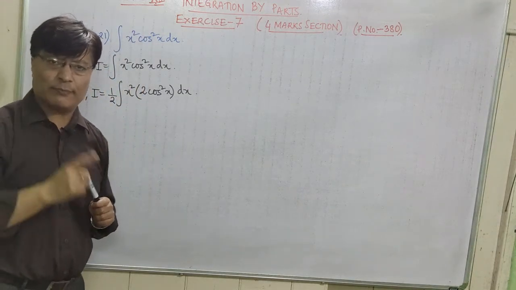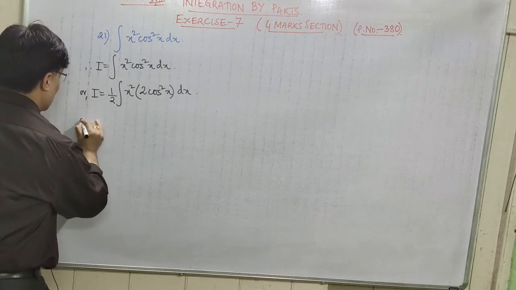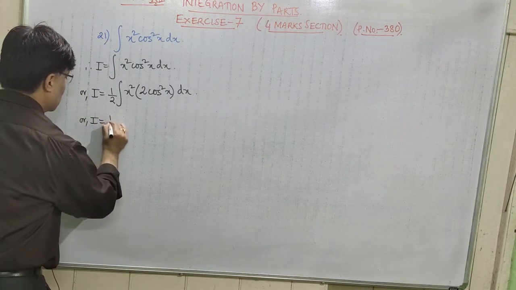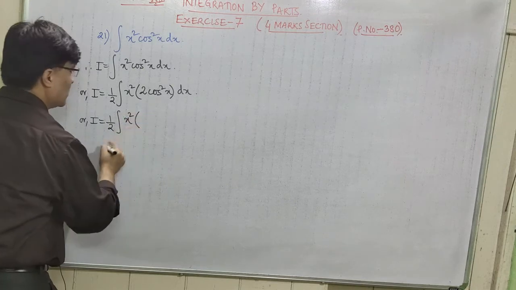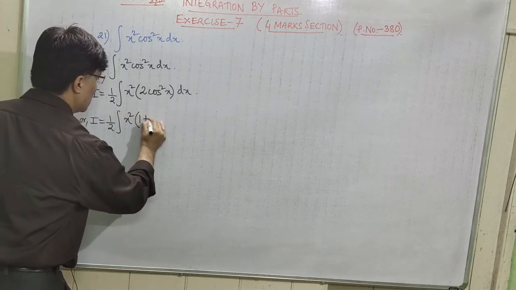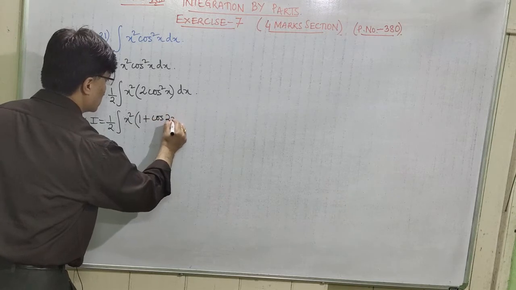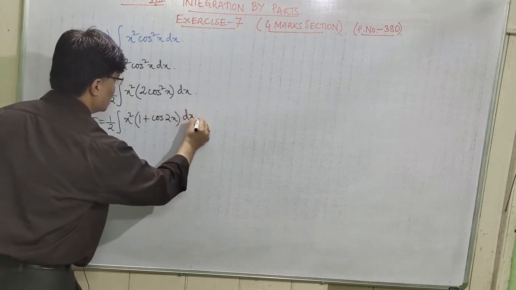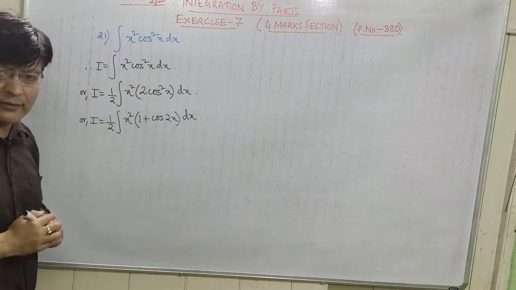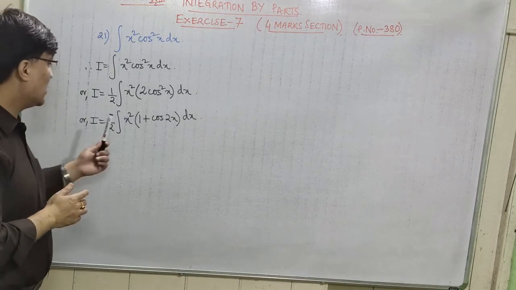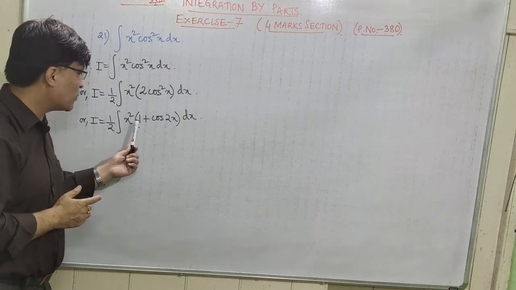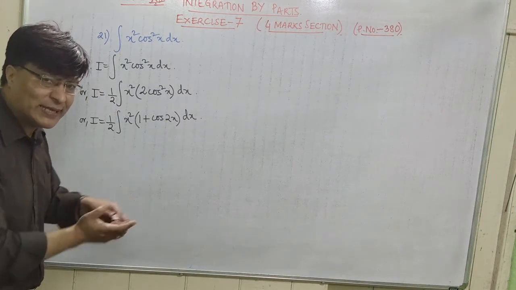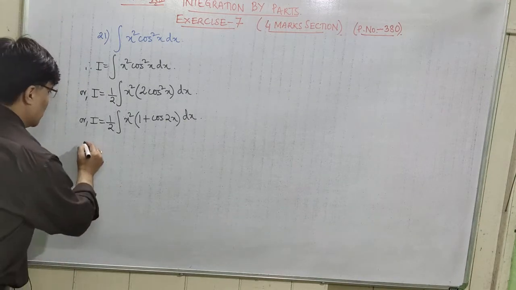You know that it is 1 plus cos 2x. So I is equal to half integration of x square within bracket, 1 plus cos 2x bracket closed dx. Is that understood? Okay. So now you can multiply it and separate the terms.